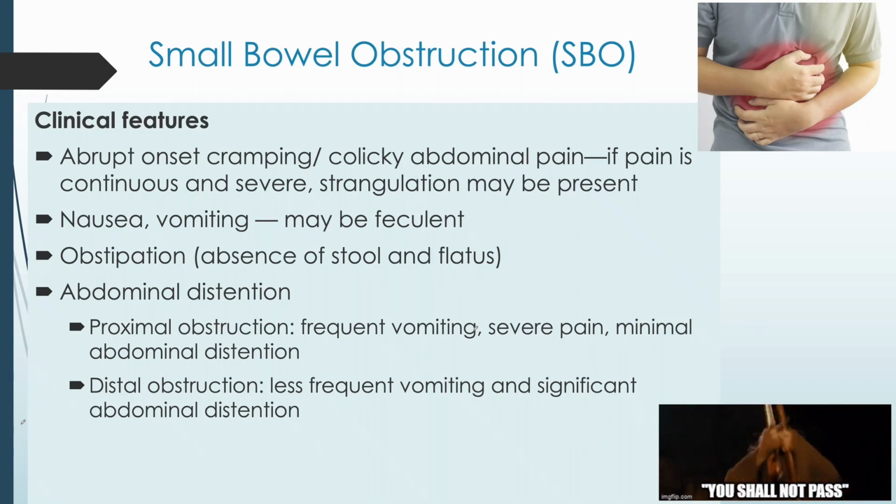And it's usually intermittent, or it fluctuates, but if it is continuous and severe, strangulation may be present. Also, we said the more proximal small bowel obstructions tend to have pretty consistent nausea with vomiting. And depending on where the obstruction is, the vomiting can even be feculent, which is poopy vomit, which is just disgusting to think about, but it can be.